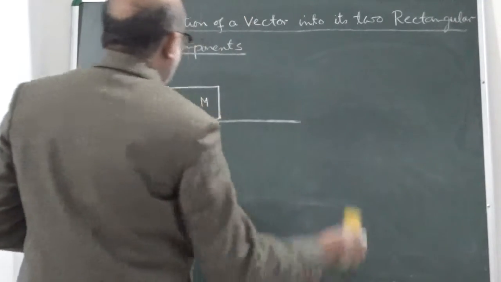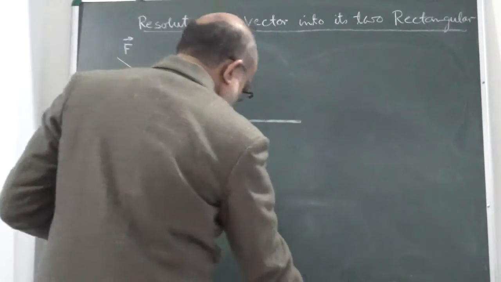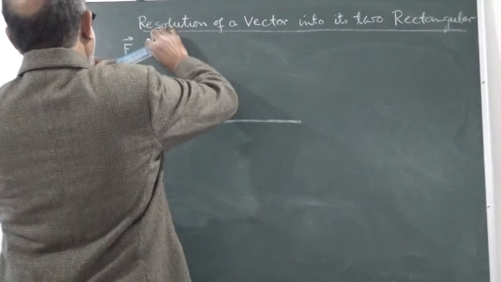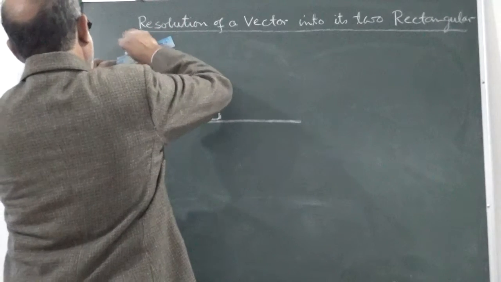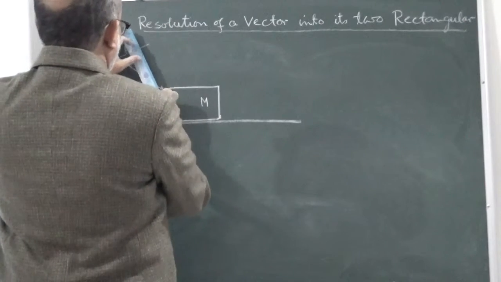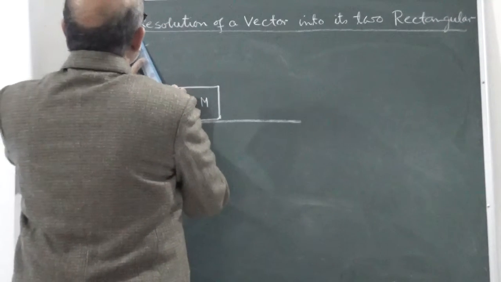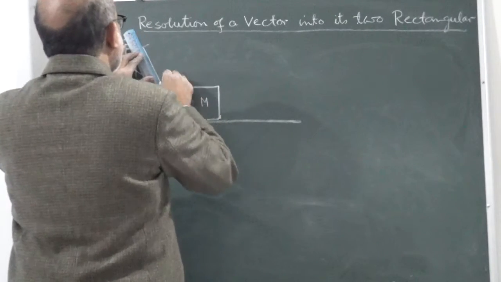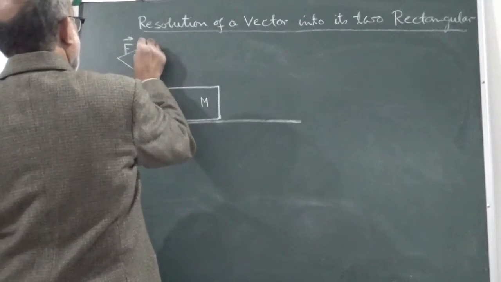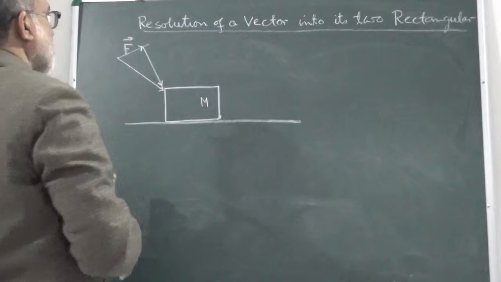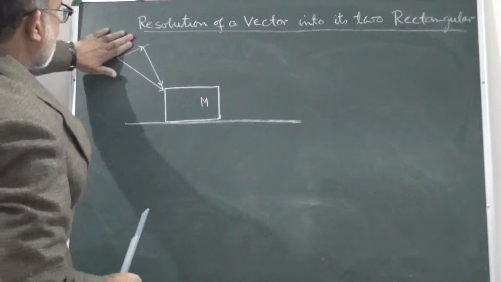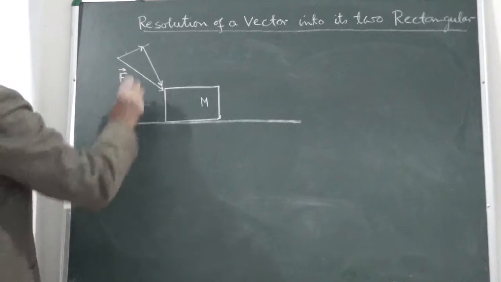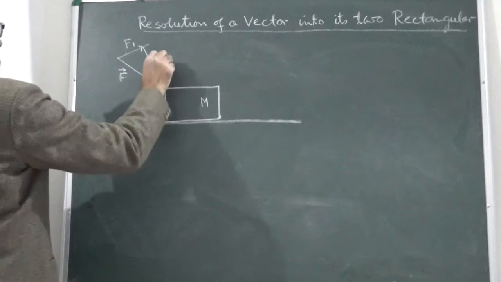Suppose I have resolved it by drawing a straight line from the tail of this vector and a perpendicular on this. So this is one pair, this is another.